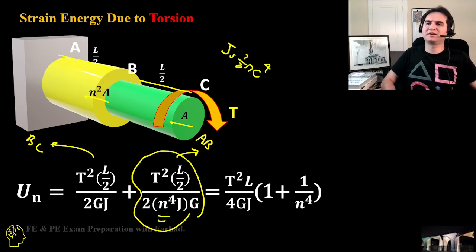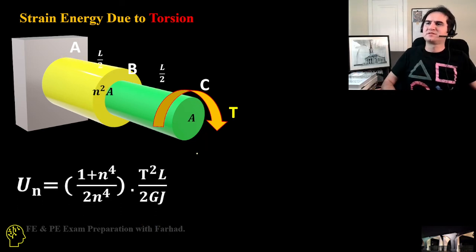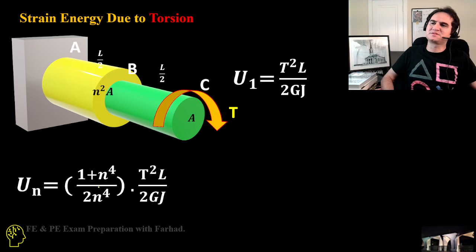That's why we have n to the 4. And that's equal to T squared L over 4GJ times 1 plus 1 over n to the power of 4. So that's the strain energy for this condition.